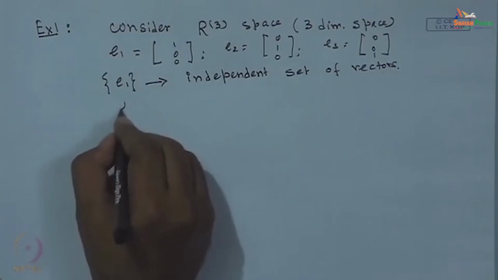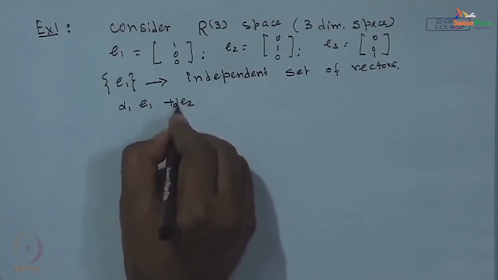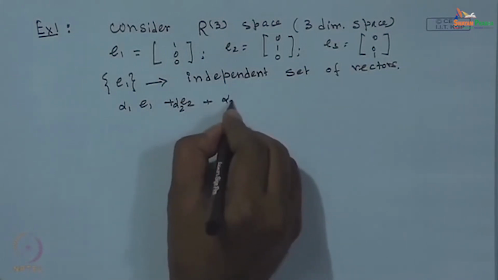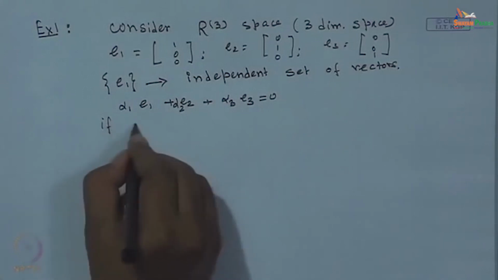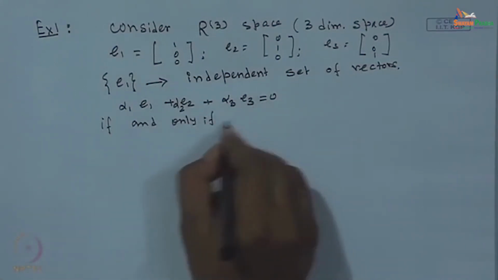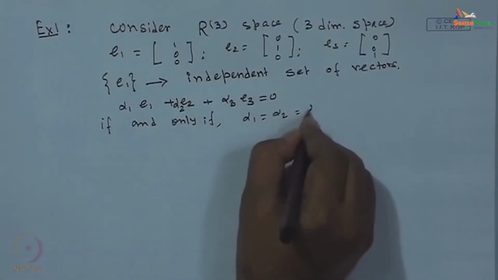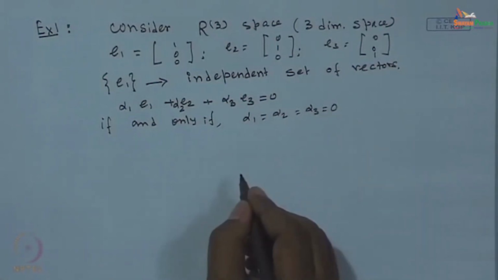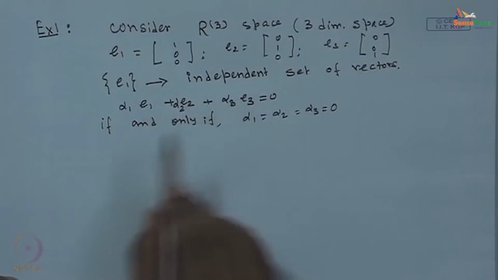So, alpha 1 E1 plus alpha 2 E2 plus alpha 3 E3 is equal to 0 if and only if the coefficients alpha 1, alpha 2 and alpha 3 are all identically equal to 0. Therefore, these 3 vectors are called independent vectors.